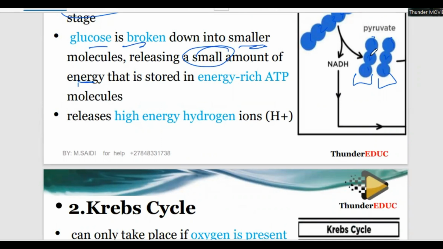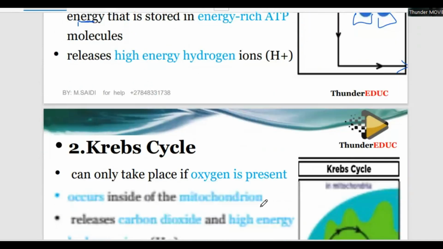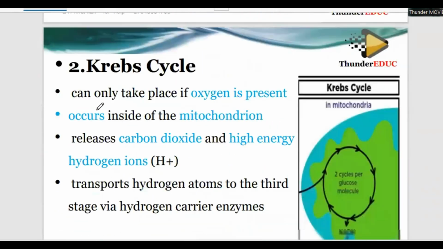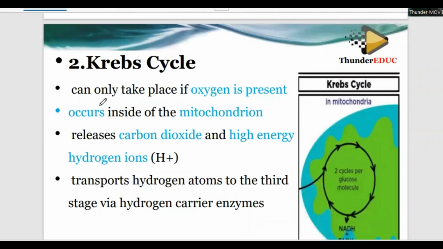So, if you look at this structure, it shows that the pyruvate will enter, and the NADH will enter the Krebs cycle. These arrows show that it enters the Krebs cycle. The Krebs cycle can only take place in the presence of oxygen.